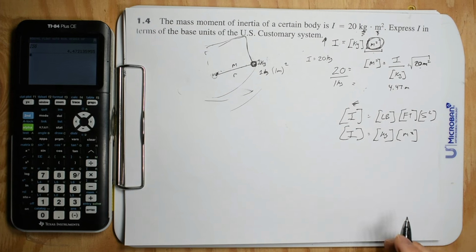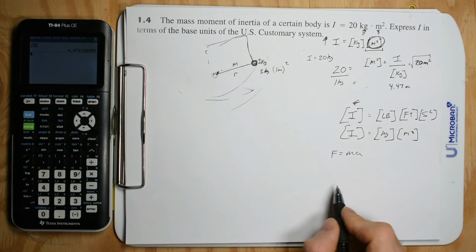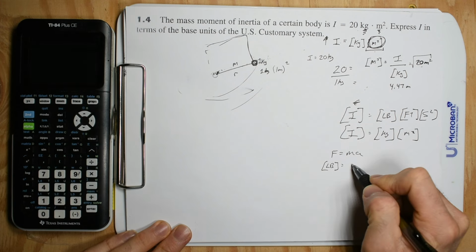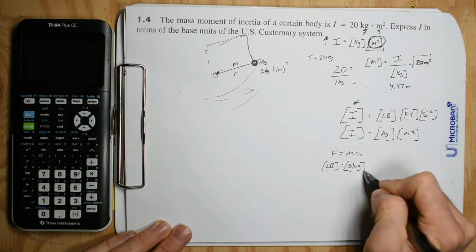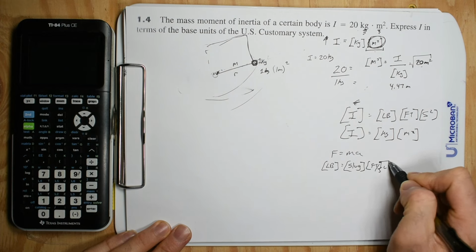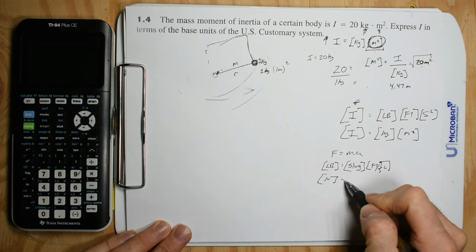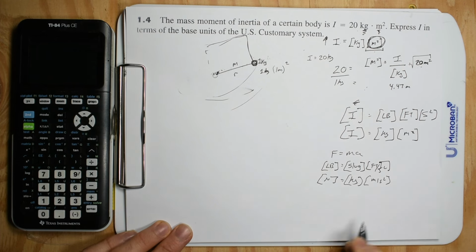So we're going to find out why. It's because F equals ma. If you have something defined as pounds, this is slug, and then feet per second squared. And this is also Newton, kilogram, and then meters per second squared.